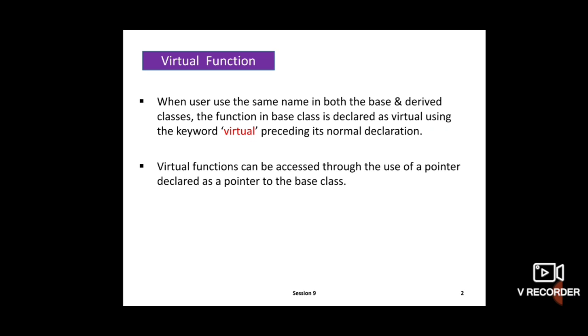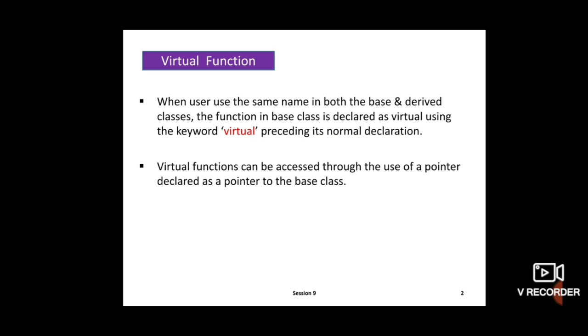Normally you create an object of that class, base class or derived class, but here a pointer is also created. Which pointer? A base class pointer, declared as a pointer to the base class. This is very important. Understood?